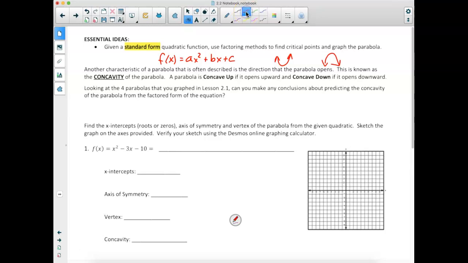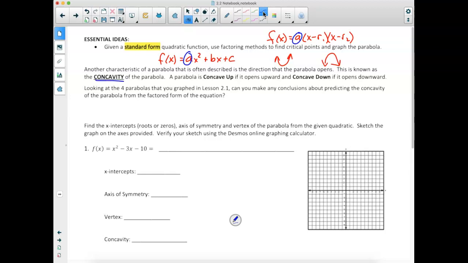Let me come up there and say factored form of an equation is going to be a times x minus root 1 times x minus root 2. However, check out this cute little a here and the cute little a here. It doesn't matter if you're in factored form or if you're in standard form. We can always look at that a value and we can always find the concavity of the parabola.